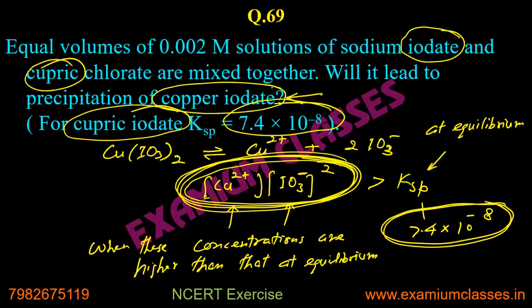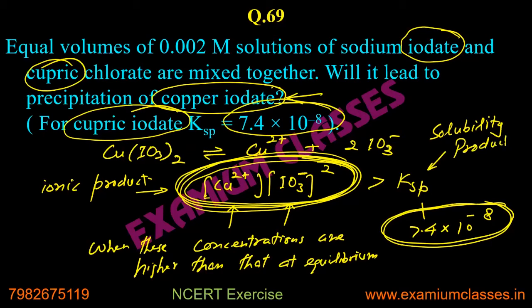Otherwise, precipitation will not take place. So first approach should be clear. Approach is that if the ionic product is greater than the solubility product constant, precipitation occurs. Solubility product constant is equilibrium constant. Whenever you see constant, it means we are talking about equilibrium constant here in this chapter.